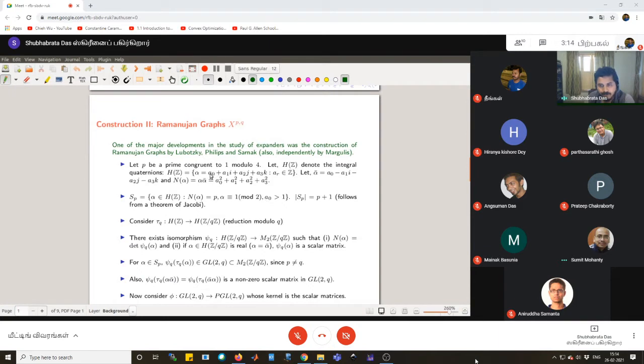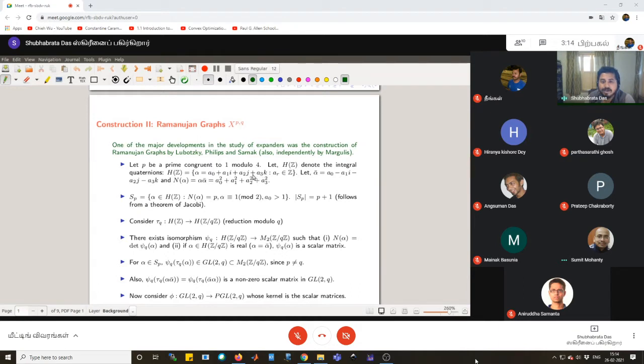So here we have these 4 coefficients, right? There is a calculation behind it which shows that there are 2 possibilities, and if a naught has to be greater than 1, then the possibilities for which we get the norm of alpha to be p is that all the other coefficients a1, a2, a3 are even and a naught is odd.